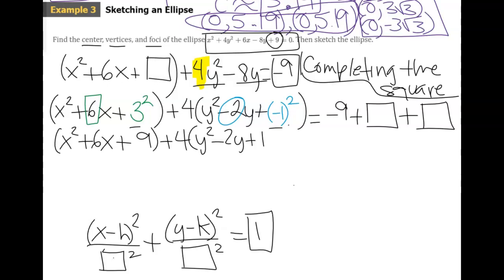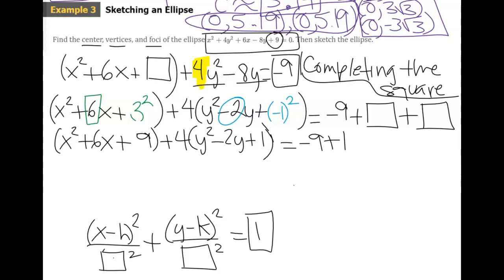Okay, so now on our right side of the equation, we already know that we have a -9, but now we need to add, or in fact, we're going to subtract, or let's use it this way.